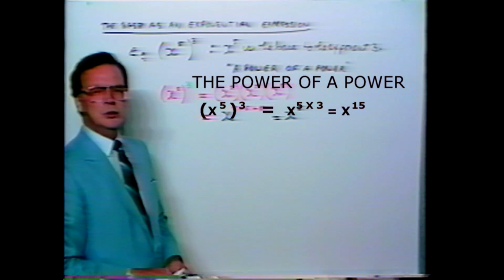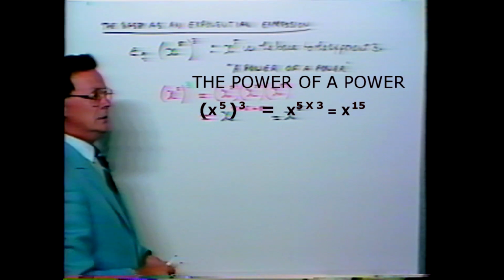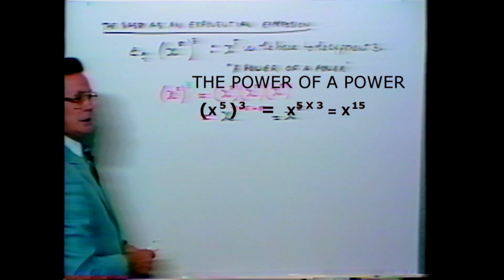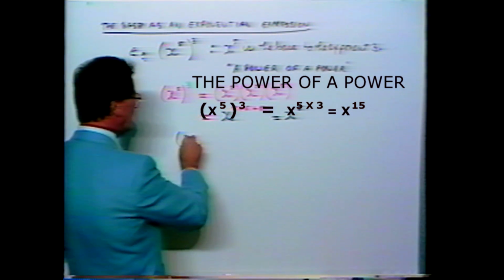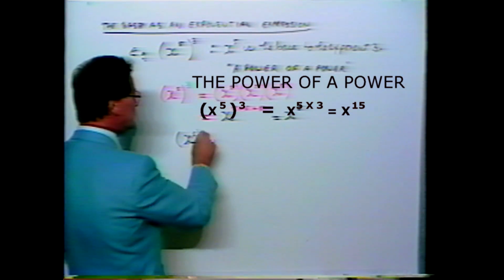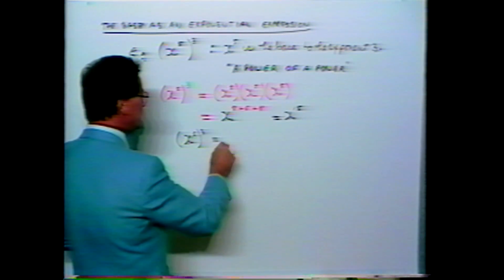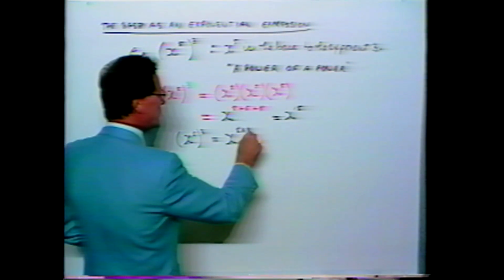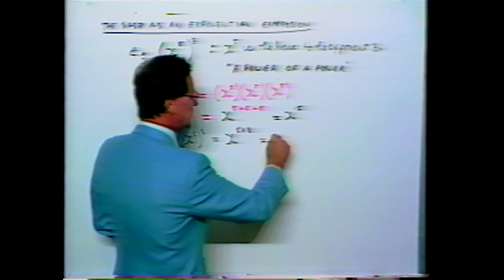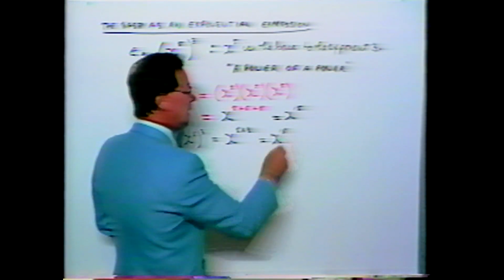It is simpler to learn a new rule regarding the power of a power expression, and it is as follows. X to the 5th raised to the power 3 is equivalent to x to the 5 times 3. This is equal to x to the 15th.